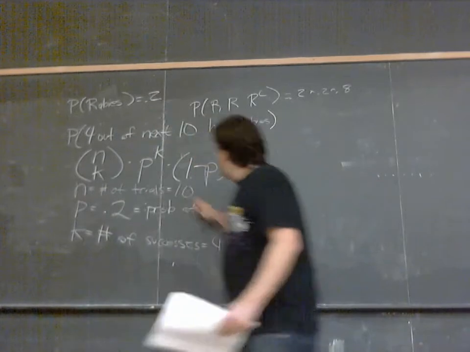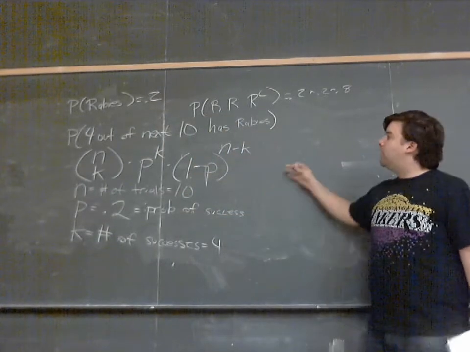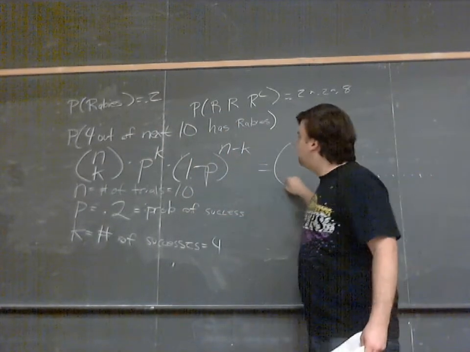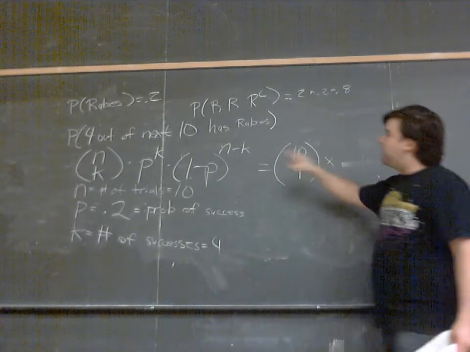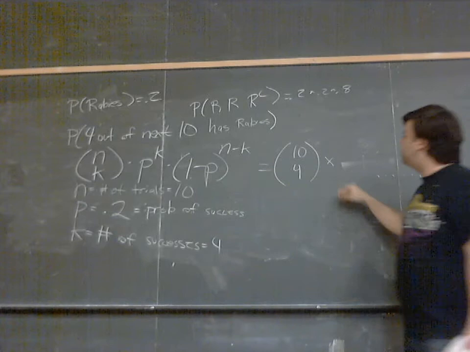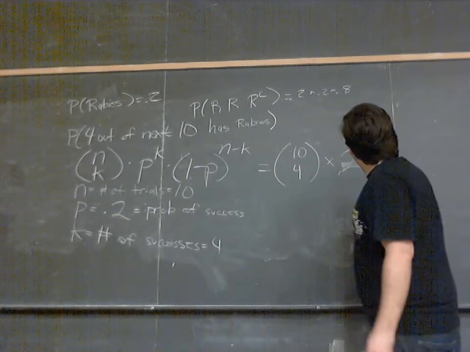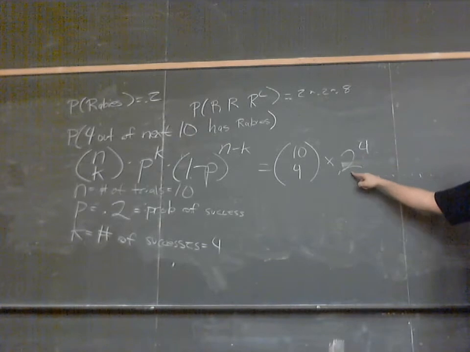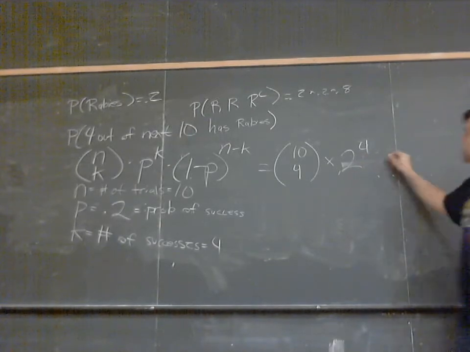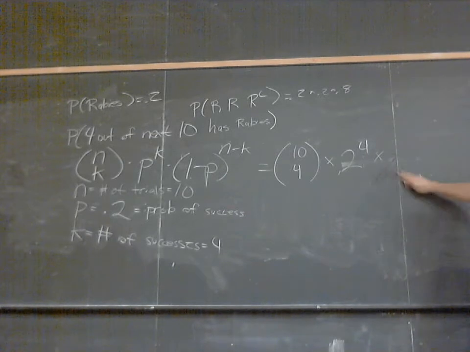So now that we have all these for our problem, we just plug it in. N choose K becomes 10 choose 4, times P to the K, which is 0.2 to the 4th. Notice this is just multiplication. Each of the 4 rabid dogs has a 20% chance of having rabies, so 0.2 to the 4th is my probability that 4 of the dogs have rabies.